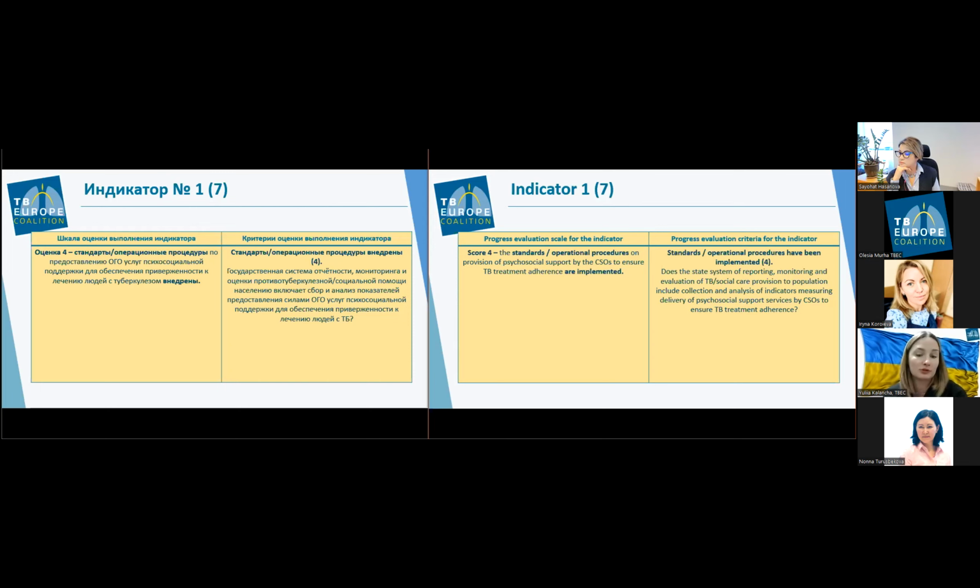Or, for example, this indicator is also important for WHO, and Sayohat maybe can add something. So, for instance, WHO will understand that more technical support is needed for the country to implement these standards. If the score is 0, this is not bad. It means that the work should be intensified, that civil society organizations should be engaged more, because we need to understand that everybody is interested to move this process further.